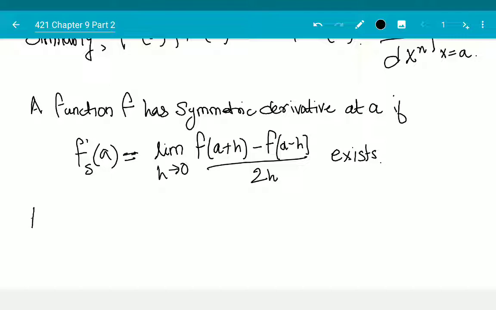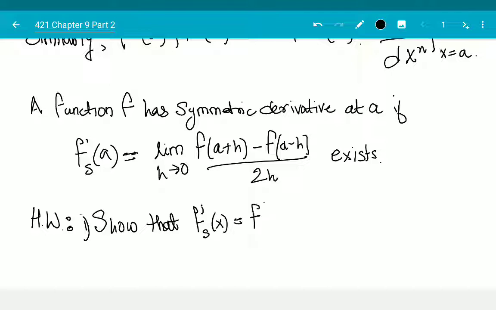Homework. Show that the symmetric derivative exists and is equal to the normal derivative if the other one exists. But the symmetric derivative might exist even without the normal derivative existing. First, show that f prime s at x is equal to f prime at x if f prime x exists.